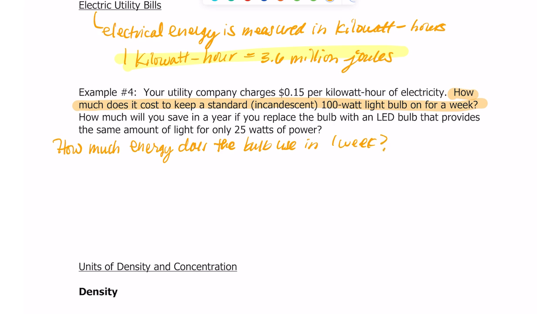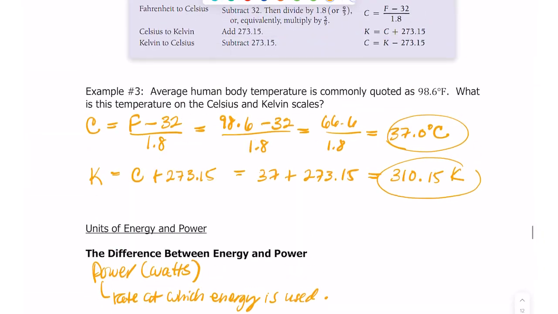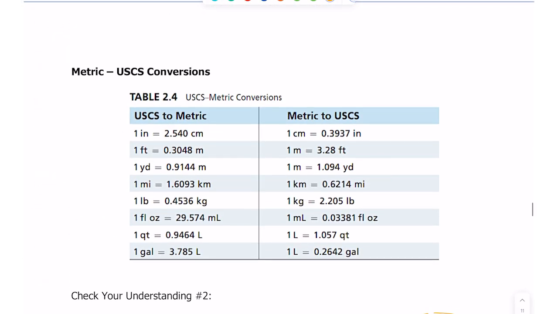Okay, so what do I know? Well, I know that it's 100 watts. And I know that in 1 kilowatt, there's 1,000 watts. Okay, how do I know that? Well, there's a couple ways you could look at this.